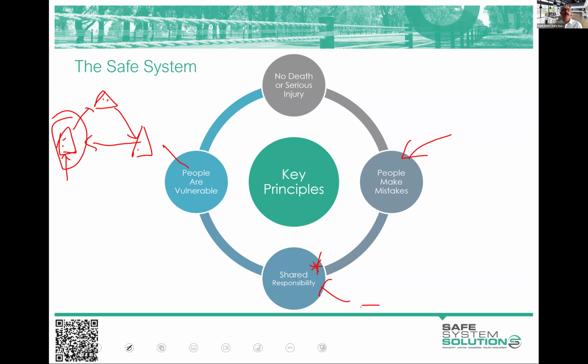And by the system, I don't just mean road system. I know a lot of the time we're working directly with road designers, traffic engineers and the like, and we're very focused on the physical infrastructure. And that's a hugely important component of it. We can do amazing stuff with that. But we've got to think about the vehicle, the policies, the enforcement, the technology, and ways we can do that.